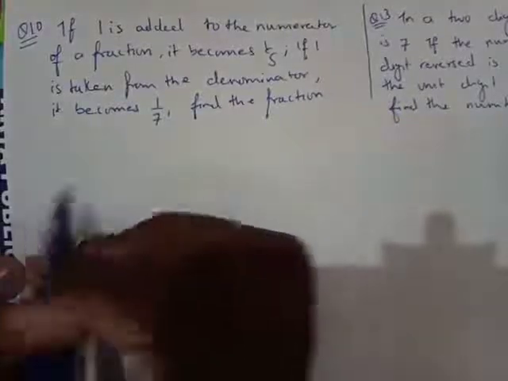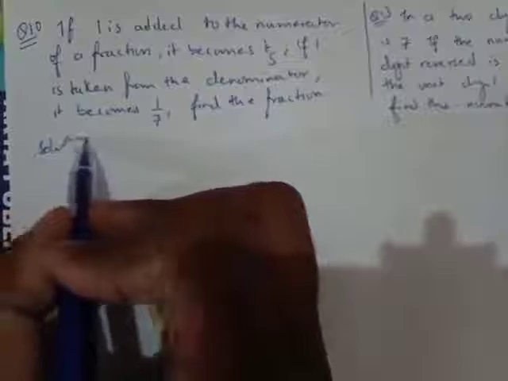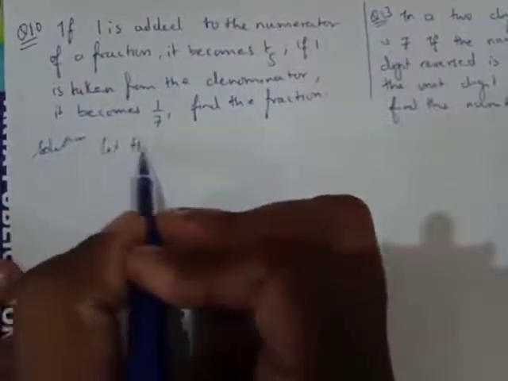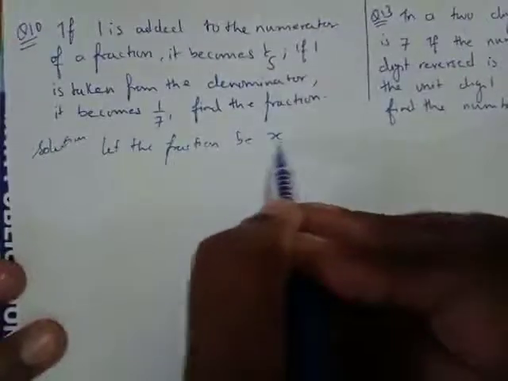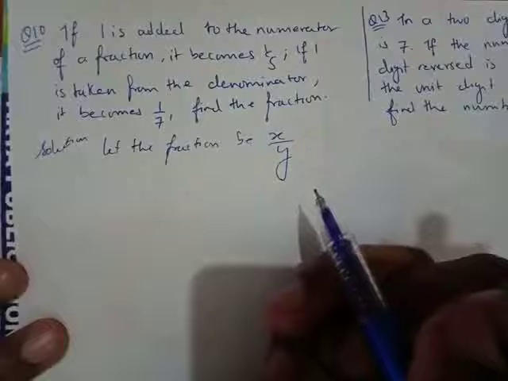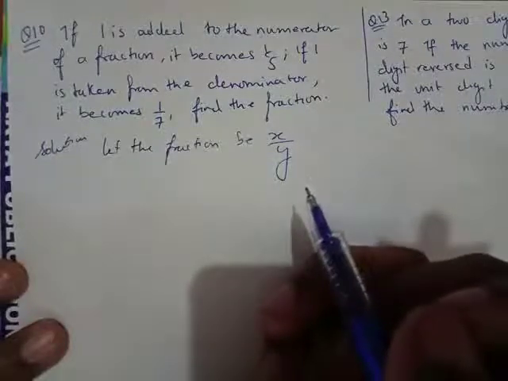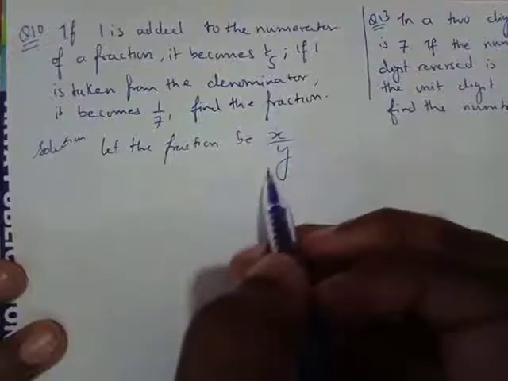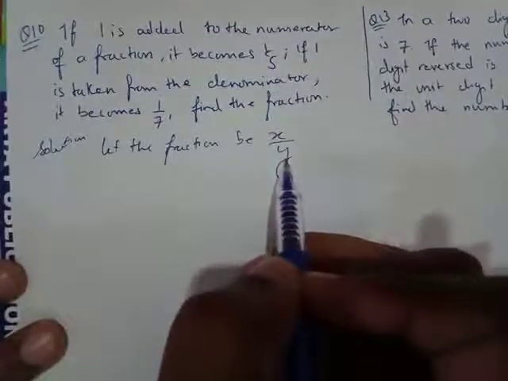So I'll start solving this question and say, let the fraction be x upon y. Whenever they ask you a question on a numerator or a denominator, you always have to take x upon y. Now the numerator is x and the denominator is y.